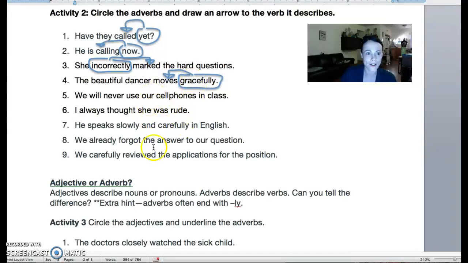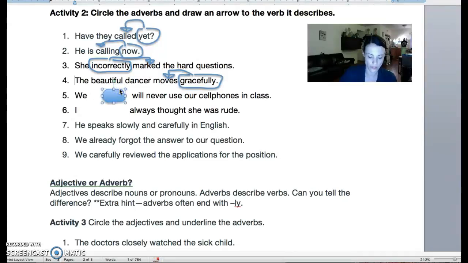So let's see how you did for the next 5. So in number 5, we will never use our cell phones in class. Where is the adverb? Never. Gives us information about how often, right? And what's our verb?